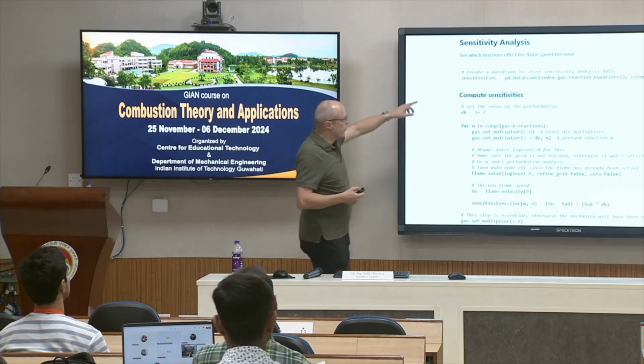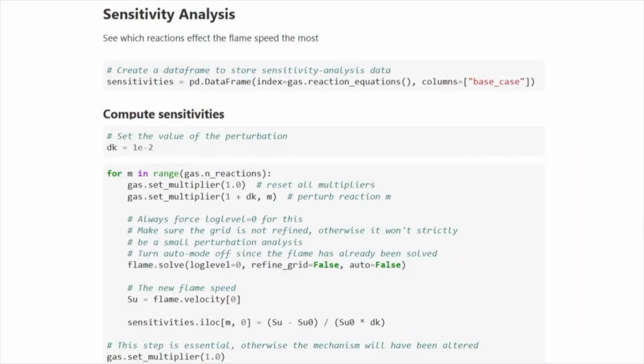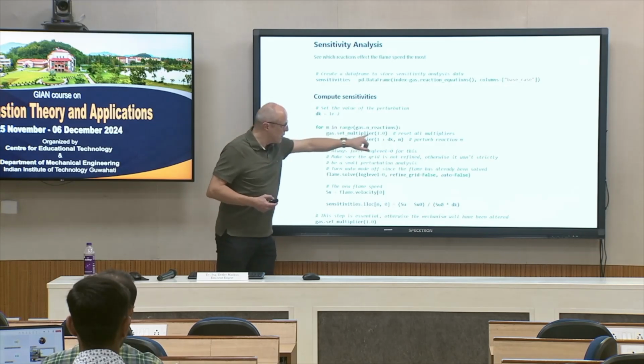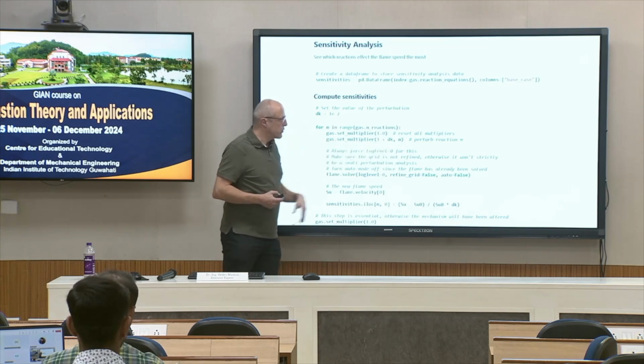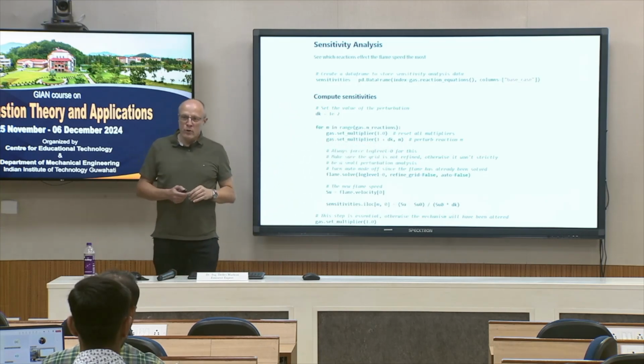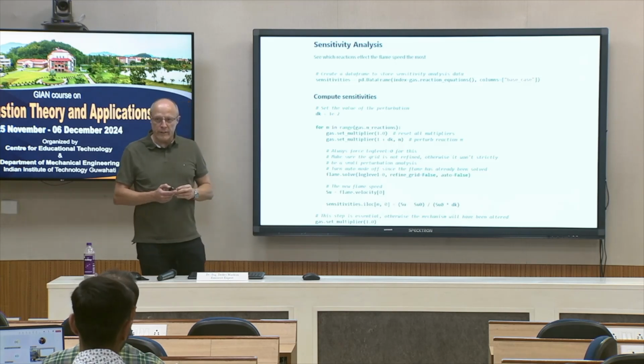So this is then explained here. So we have for m in range, that means for all the reactions we have, first reset them to the original value, and for each m just add a small quantity to your reaction rate.